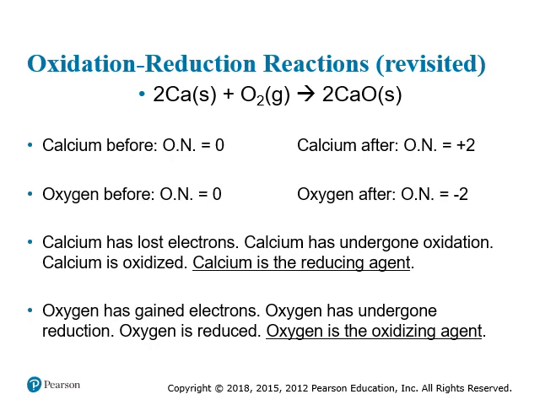Well, before, each element is in its elemental state. So the oxidation number of calcium in calcium is 0. The oxidation number of oxygen in oxygen is 0. But after the reaction, we see calcium oxide.